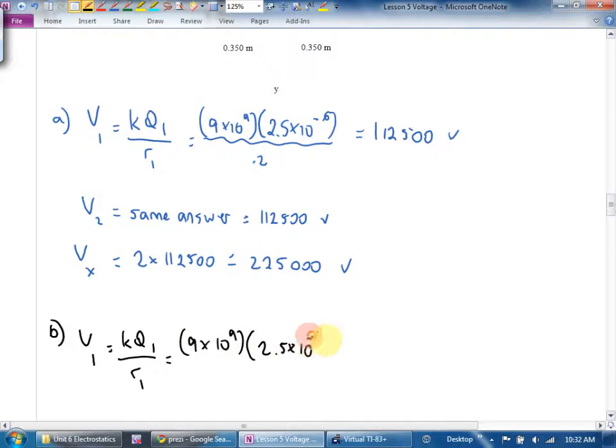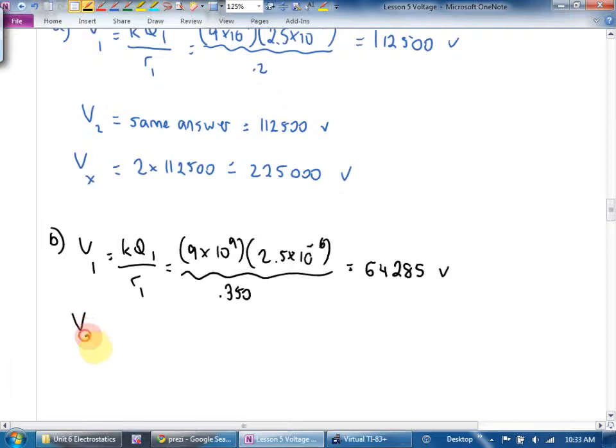What's my new radius? 0.35. What do you get? Is that right? You know what the voltage from charge 2 at that location is going to be? Same answer.